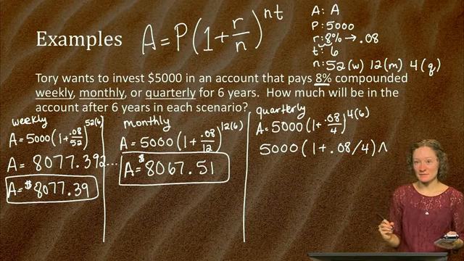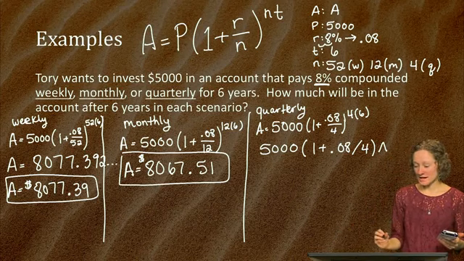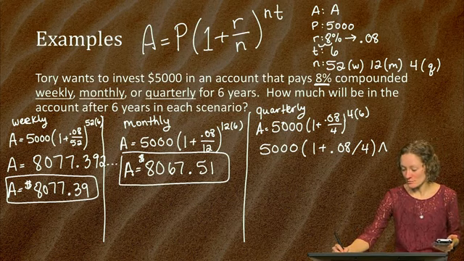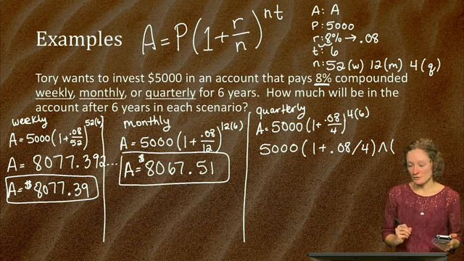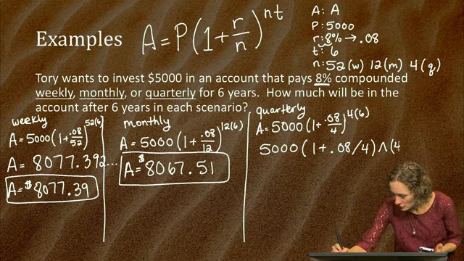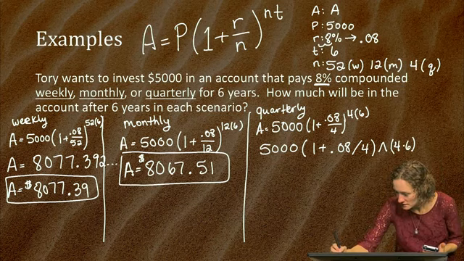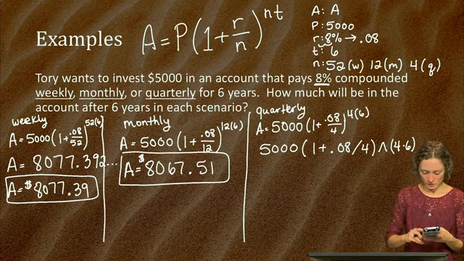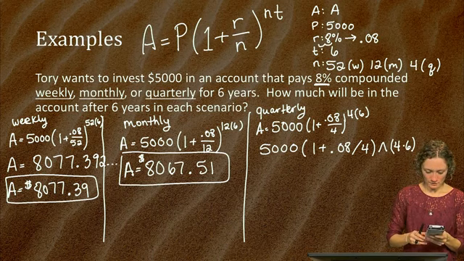Caret, this little caret symbol means the next thing you write is going to be an exponent. But keep in mind, since there's 2 things in the exponent, you're going to need parentheses around it, just kind of like that fraction problem. We have 4 times 6. So this is what goes in your calculator. 0.08 over 4, to the 4 times 6.